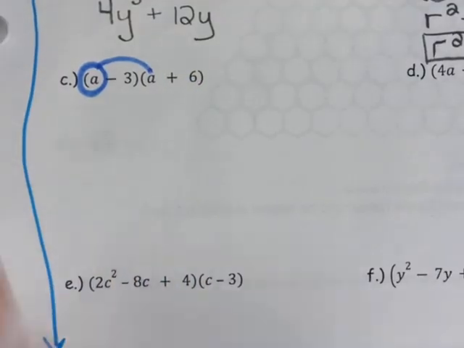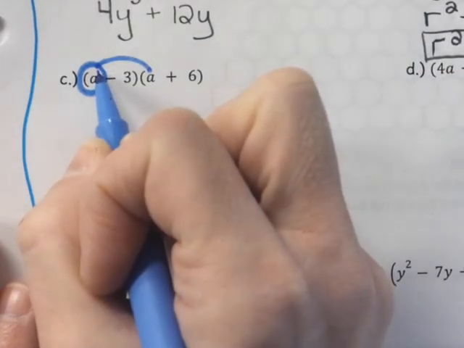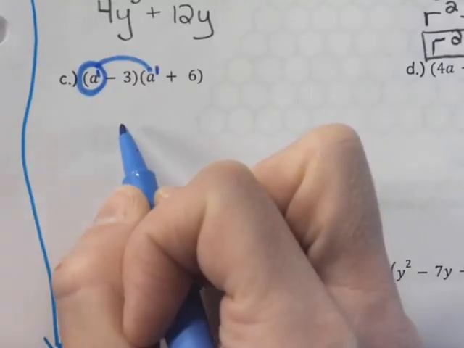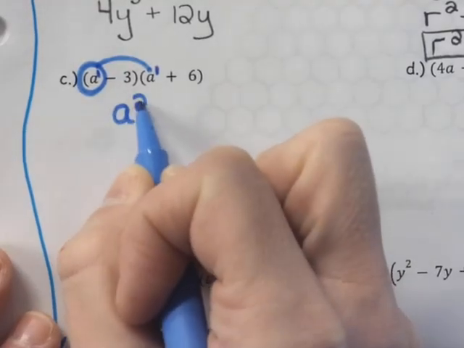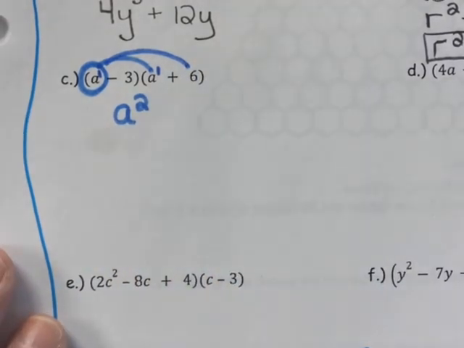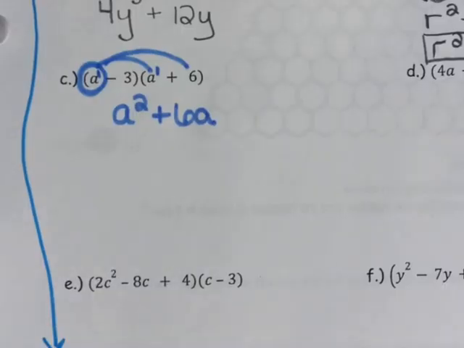If I have a times a, what does that give me? Not 2a, 1a. Remember, you add your exponents. This is a to the power of 2. Good. And then a times 6 is 6a. Okay, so that's me distributing that first term.